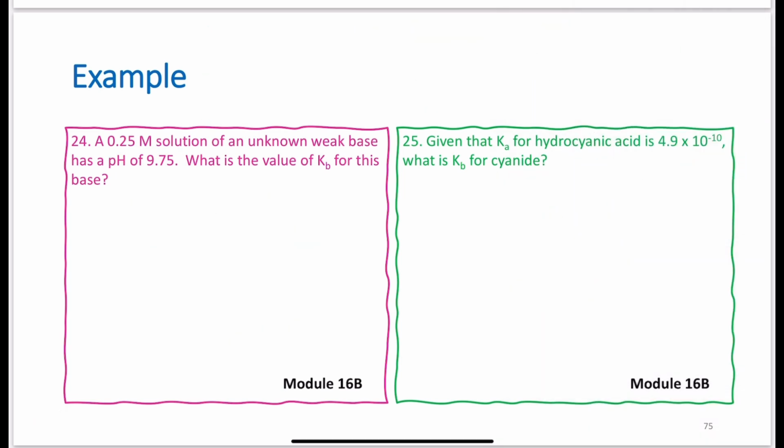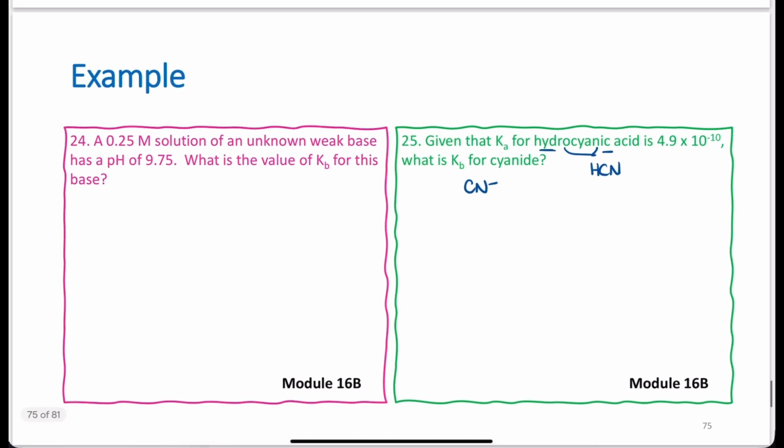Number 25, given that the Ka for hydrocyanic acid is 4.9 times 10 to the negative 10, what is the Kb for cyanide? What is hydrocyanic acid? Hydro and ic means it came from ide. So it came from cyanide. Cyanide is CN minus, so hydrocyanic acid is HCN.